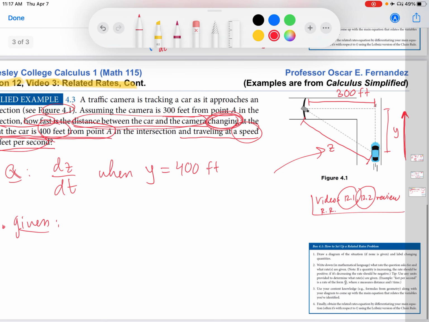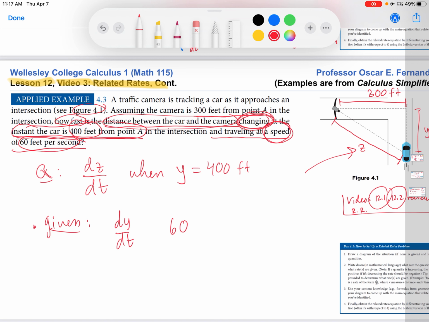So y is a distance. The derivative with respect to time is a speed. And there is a 60 here. They're telling us the speed is 60 feet per second. But the whole point of telling you about the decreasing nature, that y gets smaller as the car approaches point A, is to indicate to you that we need a negative sign here.